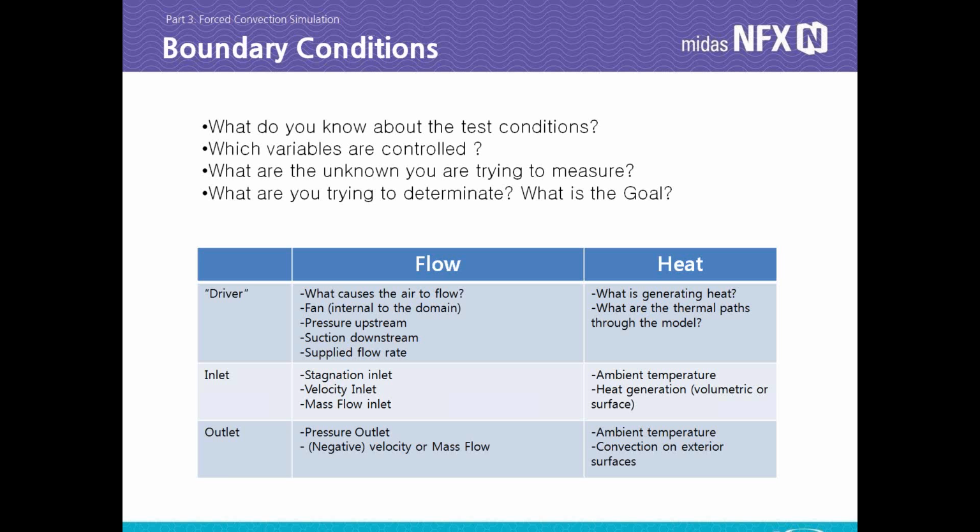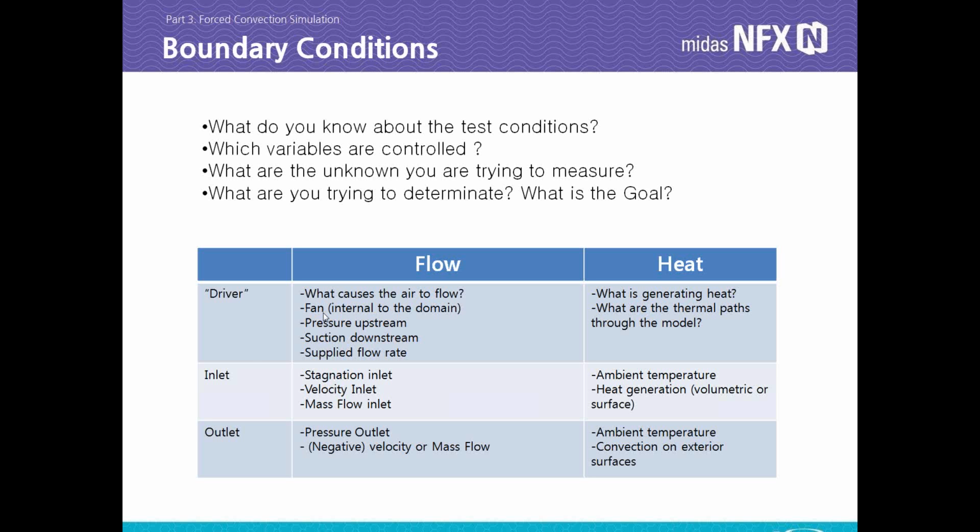Now you have three things to be thought about to determine all the boundary conditions for the flow and for the heat. So the first one is the driver. So what will cause the heat to flow? What will cause the flow to flow? So what causes the air to flow?